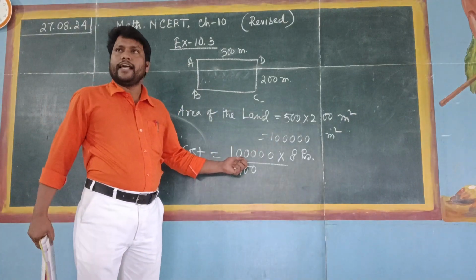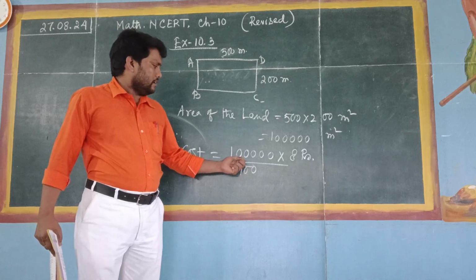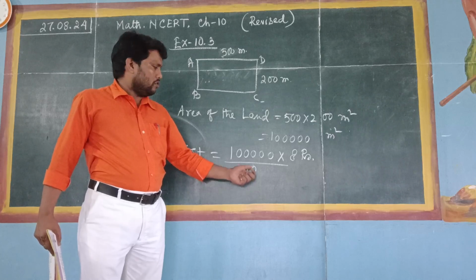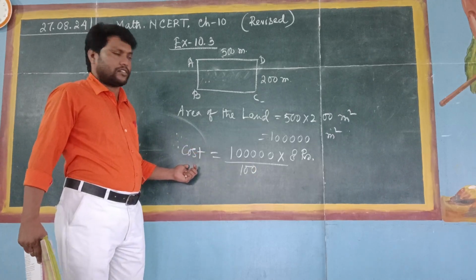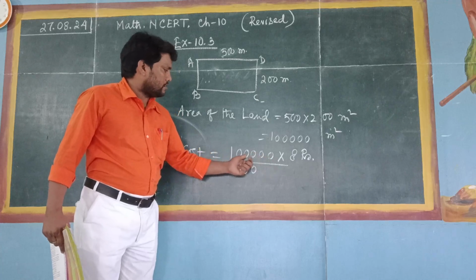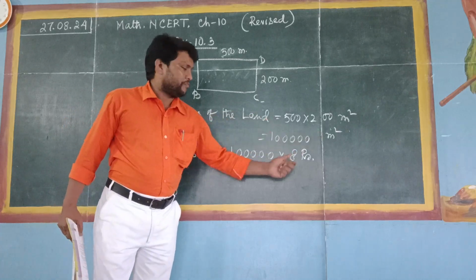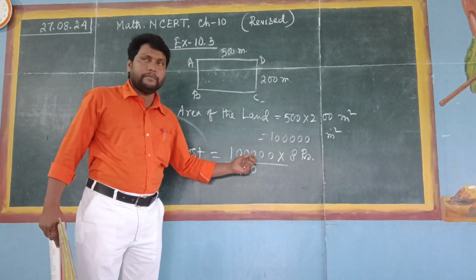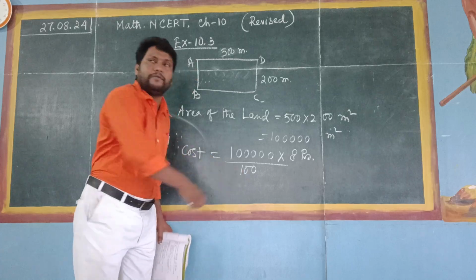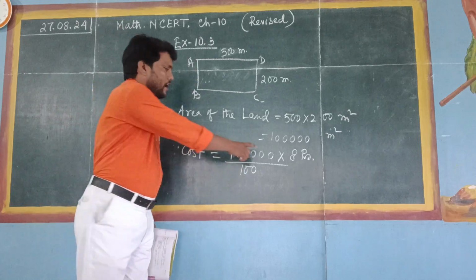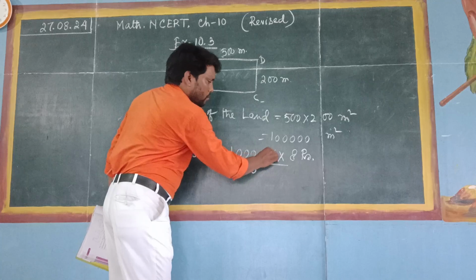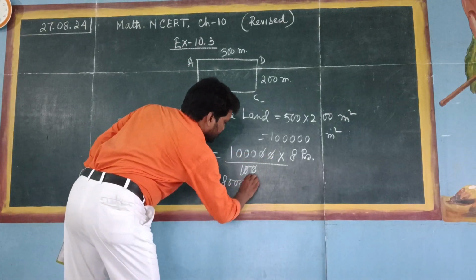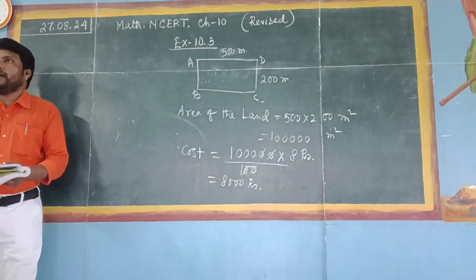At first you divide the 1 lakh meter square by 100, which gives 1000. So I have written the cost directly: 1000 into 8, that is 8,000 rupees. Do you understand this portion?